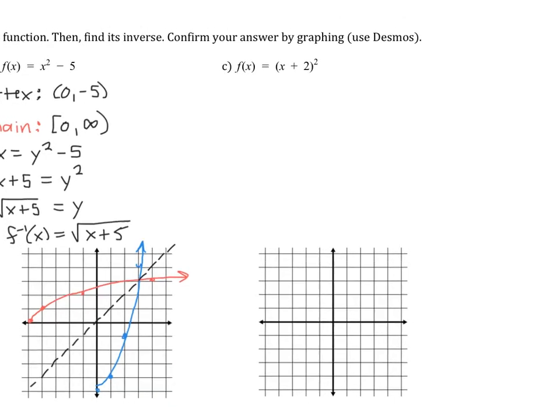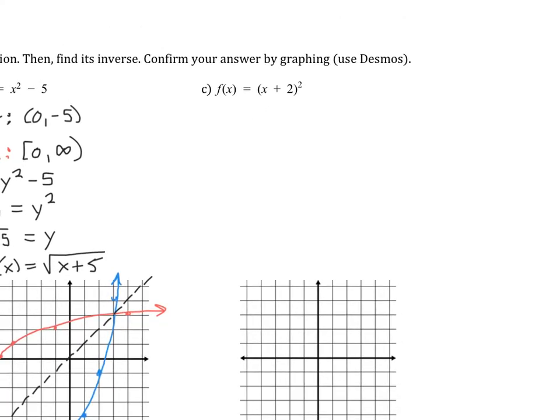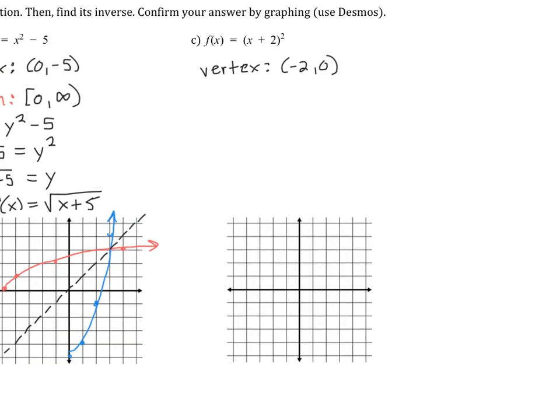Okay, let's look at example C. So for example C, again, we're going to start by finding the vertex. So in this case, our vertex is at -2, 0. So you can see that our x value has actually shifted. So again, our vertex would be here.